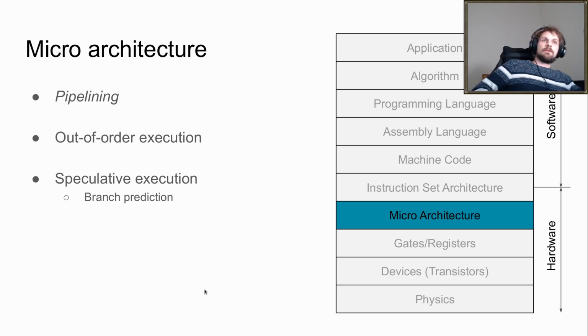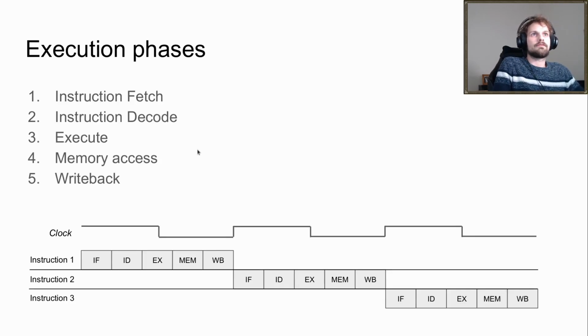And now let's talk a little bit about some optimizations there. We'll start with pipelining, which is probably one of the most important ones. Let's introduce this concept. First of all, let's look at a very traditional or naive, non-pipelined way of executing instructions. We can execute an instruction in multiple phases.